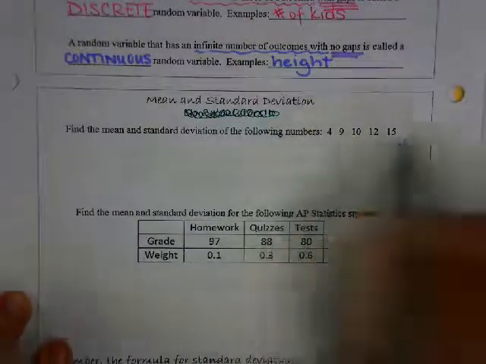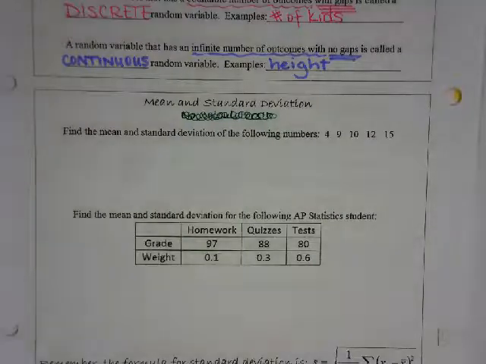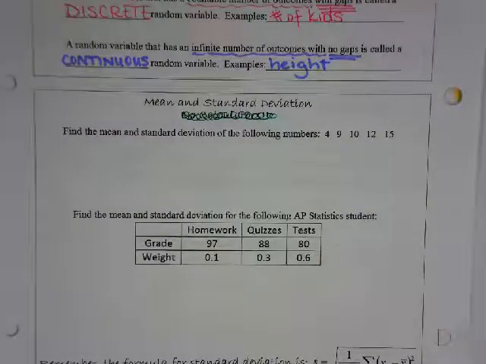The mean you should be able to do pretty quickly. Standard deviation might take you a minute to remember this stuff. Anybody need a calculator? 1, 2, 3. Eric, do you need one? Anybody else?